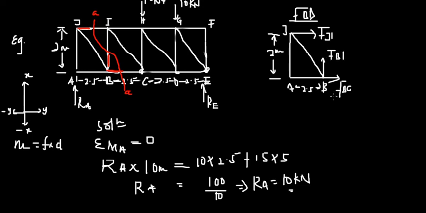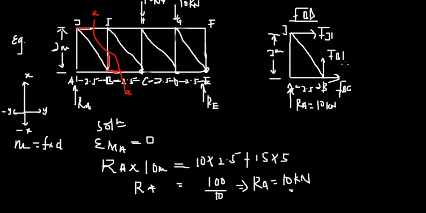Doesn't matter, okay? Right, so now all we have to do is just find our forces, FJI, FBI, and FBC, and then we already know that we have a certain RA over here, which is 10 kilonewtons, okay? So we have to find 1, 2, and 3, okay?